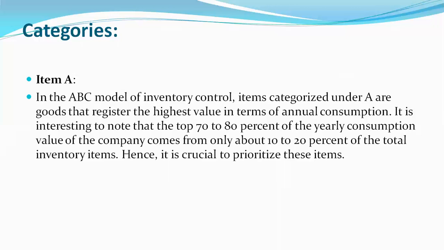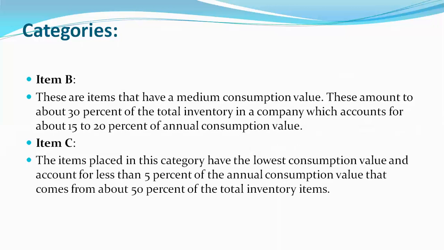If 70% of parts fall in category A, then we have 30% of parts belonging to B and C categories. Otherwise, we have 20% in the B and C categories. So B items are 30% of the total inventory of a company, which accounts for about 15 to 20% of annual consumption.